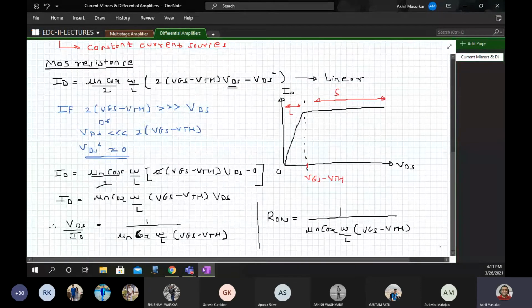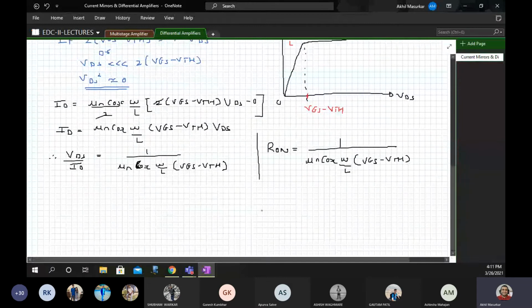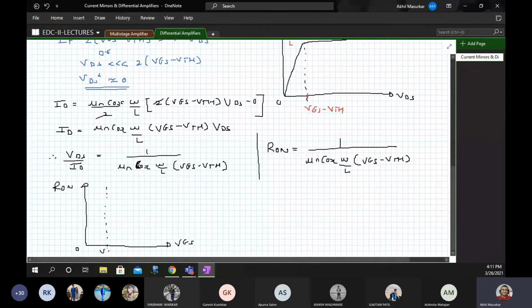So what this formula indicates is, let us say we are having VGS and here we are having R on, and let us say this is 0, this is my VTH.